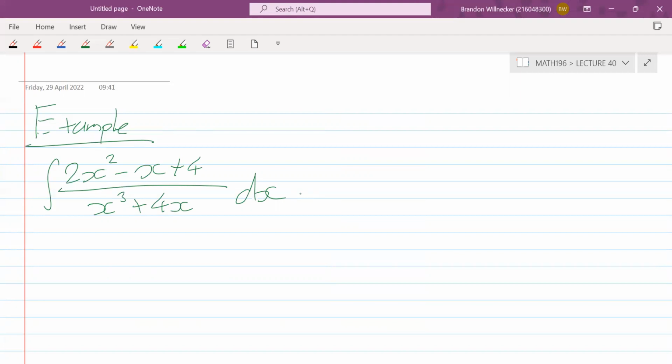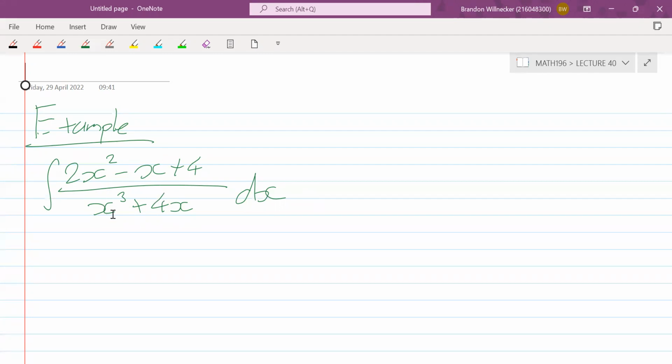The degree of the numerator is 2. The degree of the denominator is 3. So that's fine. If the degree of the numerator was more than the degree of the denominator, you would have to do polynomial long division first. But we don't need to do that in this case.